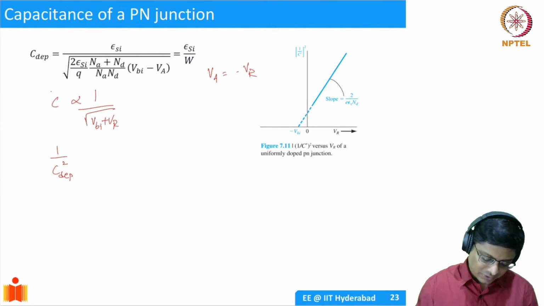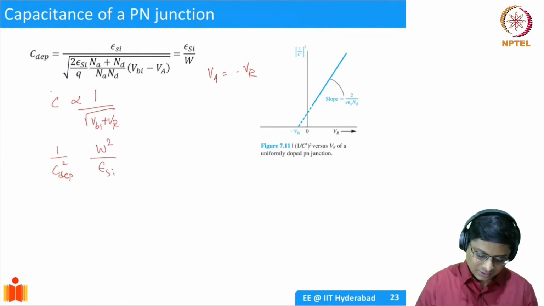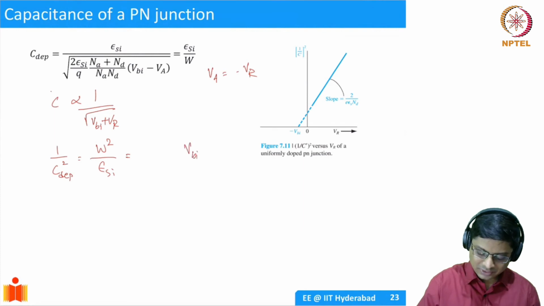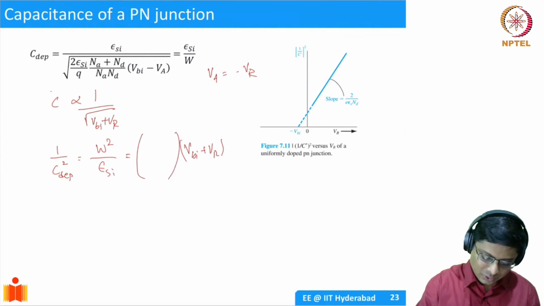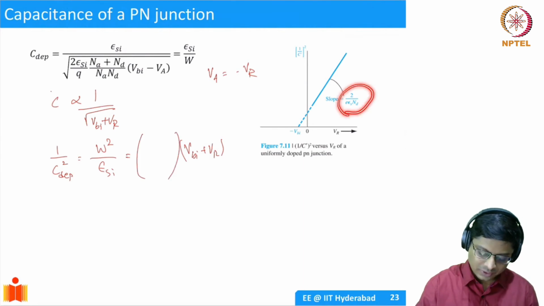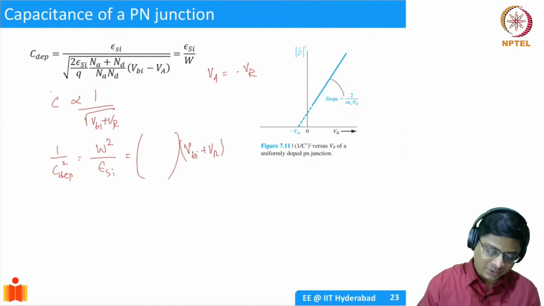It will have this entire W square on the top divided by epsilon silicon. If you do the full analysis, it's going to be some voltage, VBI plus VR, but then there's going to be some coefficient here, and that coefficient turns out to be this. We are also making an assumption here, let's assume a one-sided junction.